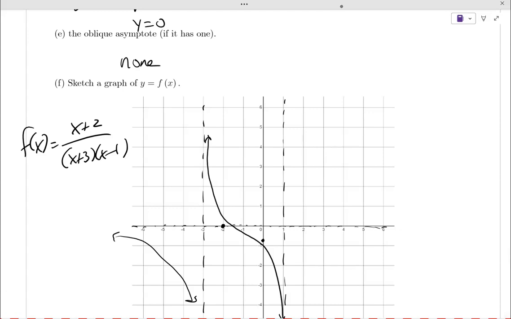What number might you want to plug in on the right side? 2? 2 will work, okay? Put in 2. So everything is positive, so the whole thing will be positive. So is it going to be going down or going up? Going upward in this case, right? So it'll go this way.